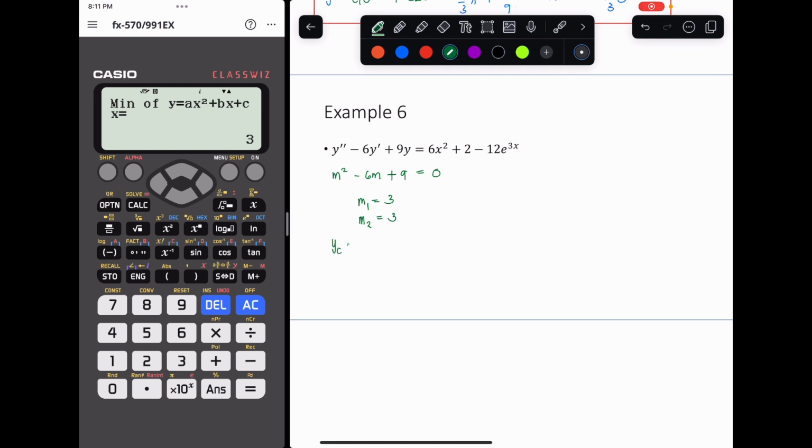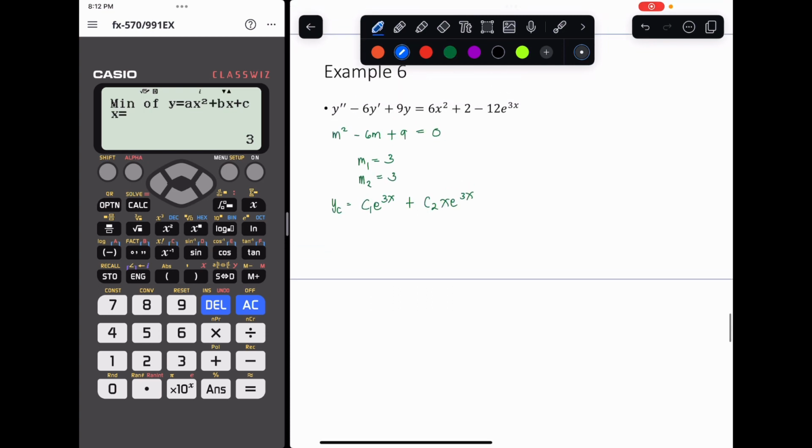Our complementary solution then will be c1 e raised to 3x plus c2 x e raised to 3x. For our particular solution yp, following the format, these two terms are algebraic functions and the highest degree is 2.